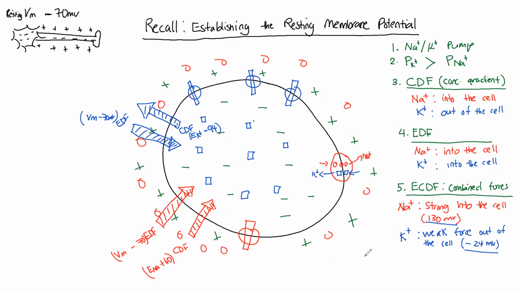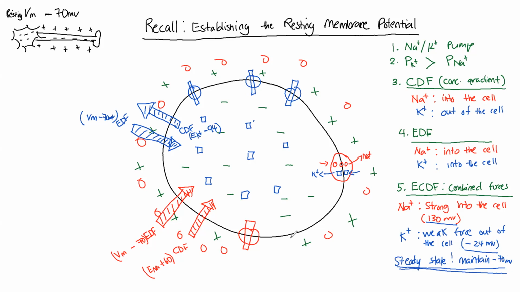So we now arrive at steady state, and we maintain that -70. So this is how we establish that resting membrane potential.